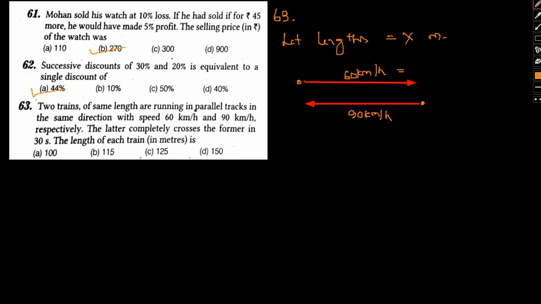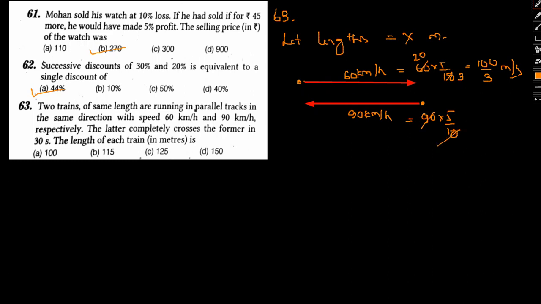So this will be 60 into 5 by 18, which would be 100 by 3 meter per second, and this one will be 90 into 5 by 18.